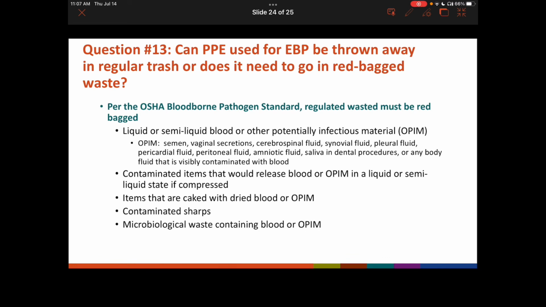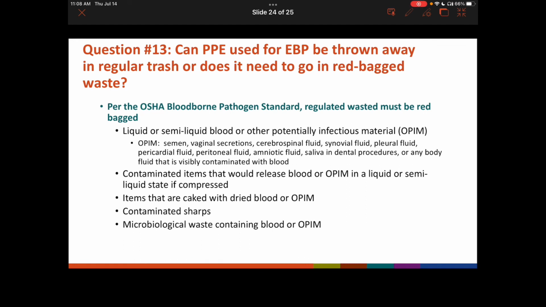The OSHA Bloodborne Pathogen Standard uses the term regulated waste to refer to the following categories of waste which require special handling at a minimum: liquid or semi-liquid blood or other potentially infectious materials, which is also called OPIM; contaminated items that would release blood or OPIM in a liquid or semi-liquid state if compressed; items that are caked with dried blood or OPIM and are capable of releasing these materials during handling; contaminated sharps; and pathological and microbiological waste containing blood or OPIM.